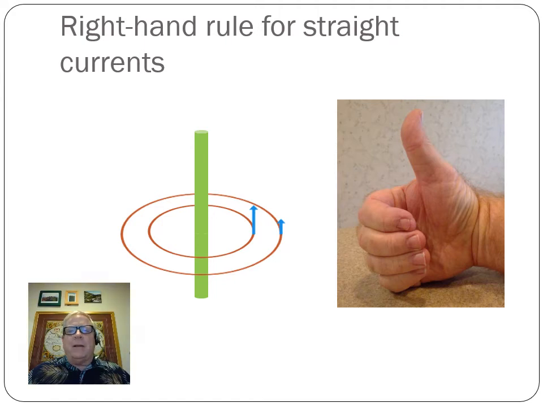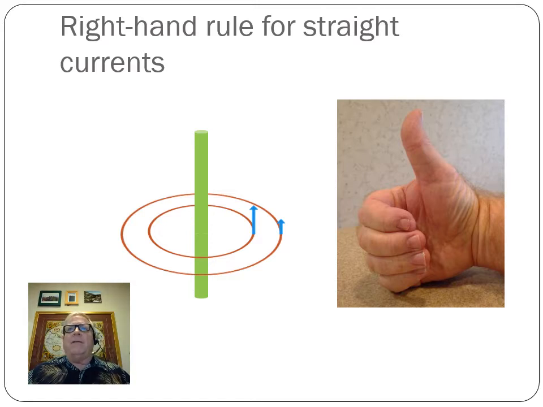The direction of the magnetic field around a long straight current carrying wire follows a circular pattern around that wire. So it is both perpendicular to the wire itself, and perpendicular to a line drawn from the wire to where you're trying to measure the field.